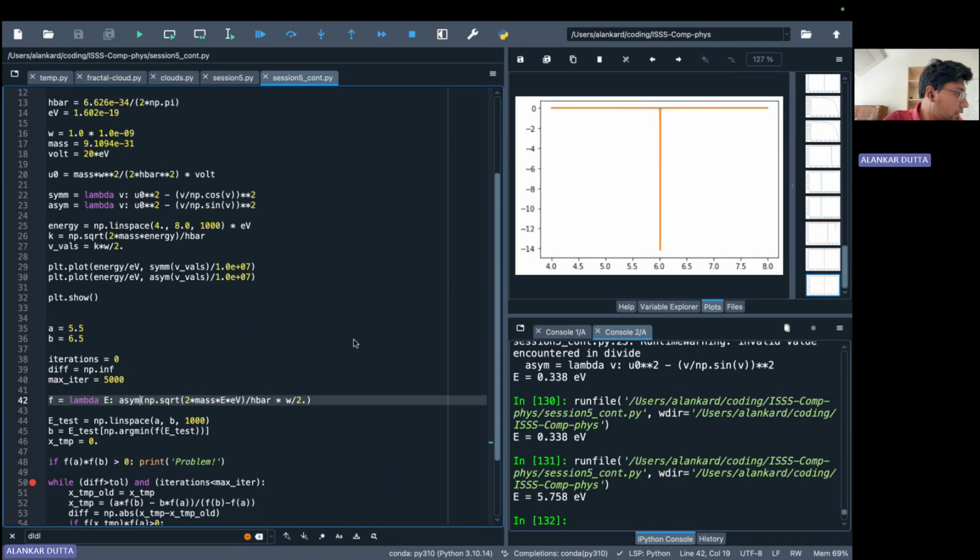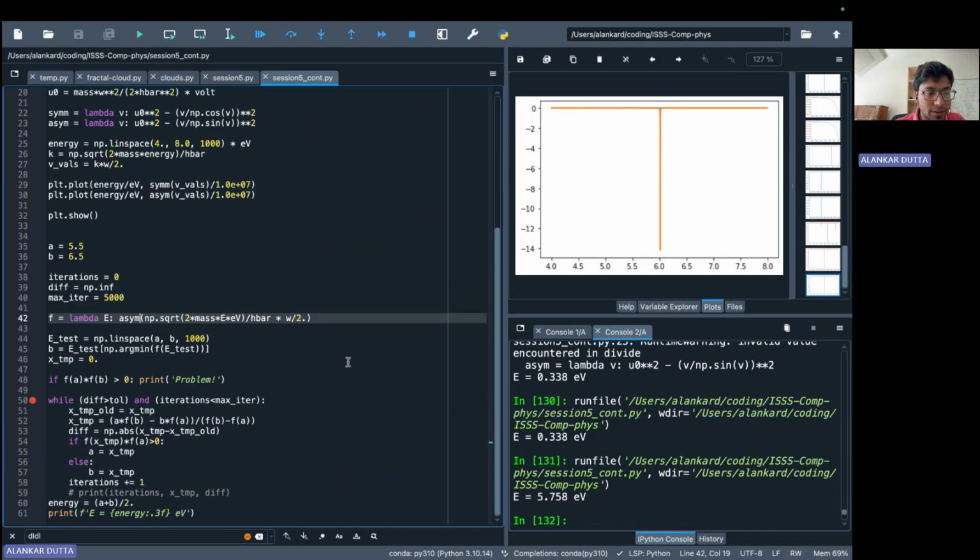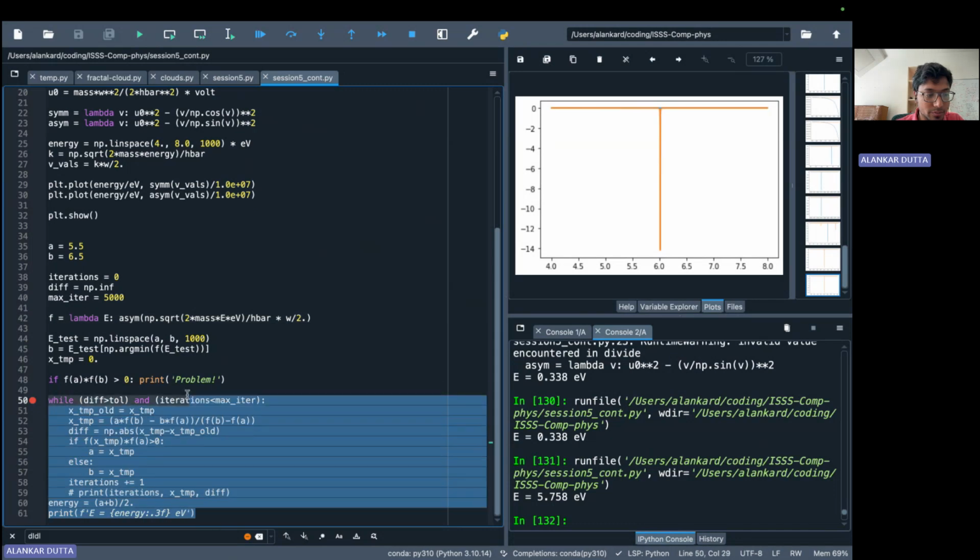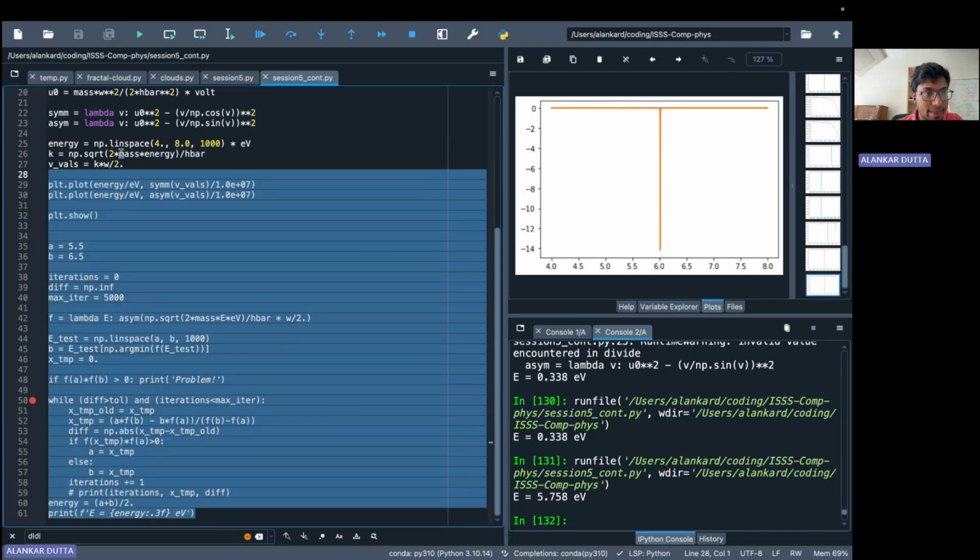So next we can go to the roots of a polynomial. But before we go there, please ask if there are any questions with this.